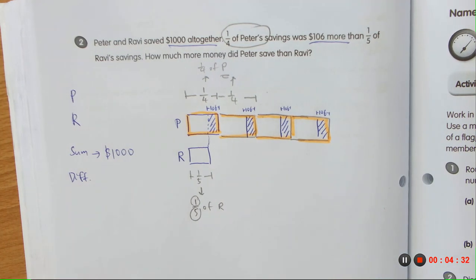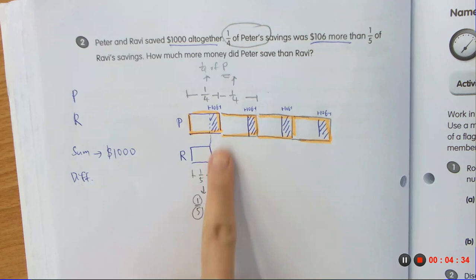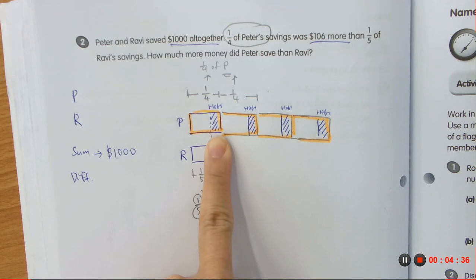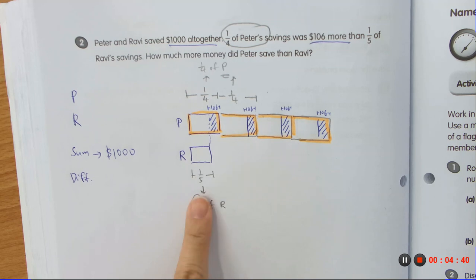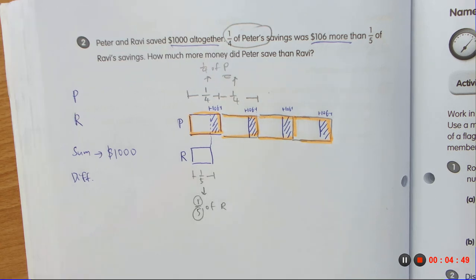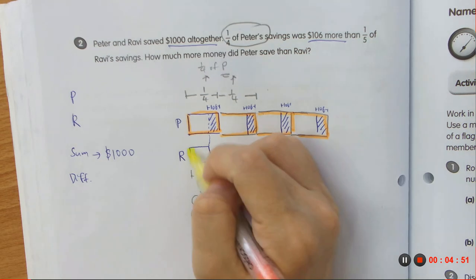So for every 1/4 of Peter, there's actually a tiny bit that is 106. Now, go to Ravi now. Ravi is 1/5 of his money. So what you see here now, this yellow piece is one piece of Ravi's money.